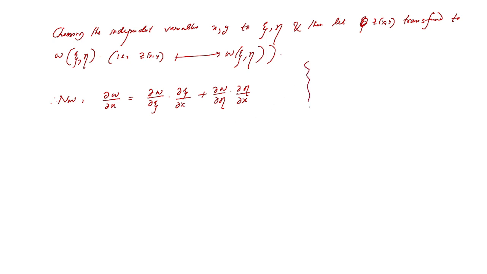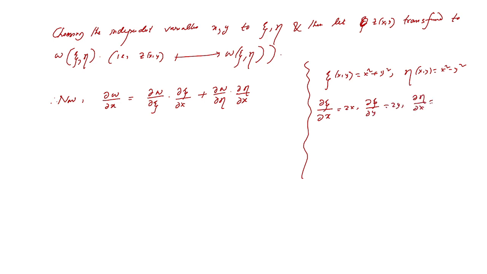Now ξ(x,y) is x² + y², and η(x,y) is x² - y². So ∂ξ/∂x is 2x, ∂ξ/∂y is 2y, ∂η/∂x is 2x, and ∂η/∂y is -2y.